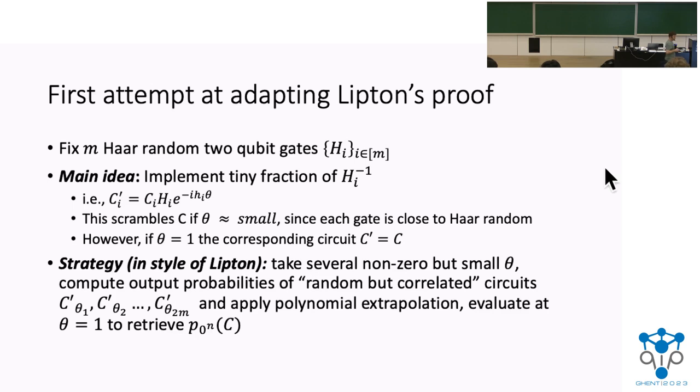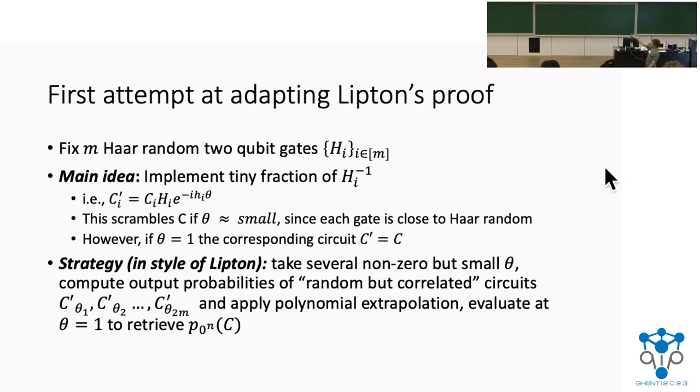And let's say we're assuming that we have the ability to compute the output probability of a random circuit. So we're going to use that ability to compute the output probabilities of C of theta 1, C of theta 2, and so on through C of theta 2m. 2m is important because that's the degree here. It comes from the path integral.